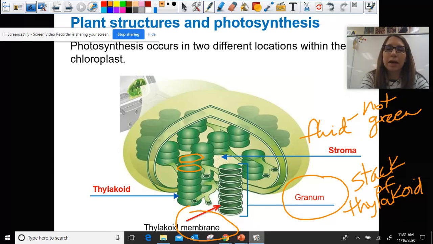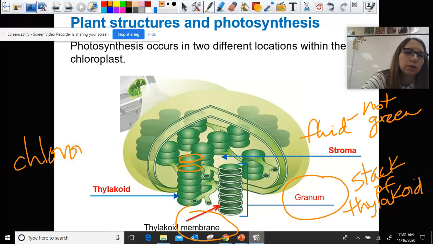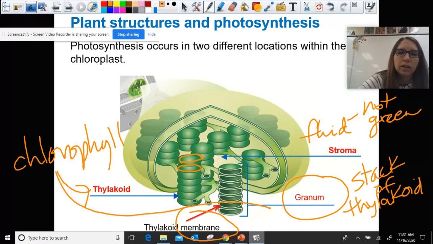So when we think about what's actually happening in the chloroplast, the part that's truly green, and you can see this in the image, is going to be the thylakoid. The thylakoid and the granum are the only areas that actually contain chlorophyll. So that chlorophyll is only present in the thylakoids and then those stacks of thylakoids that make up the grana.